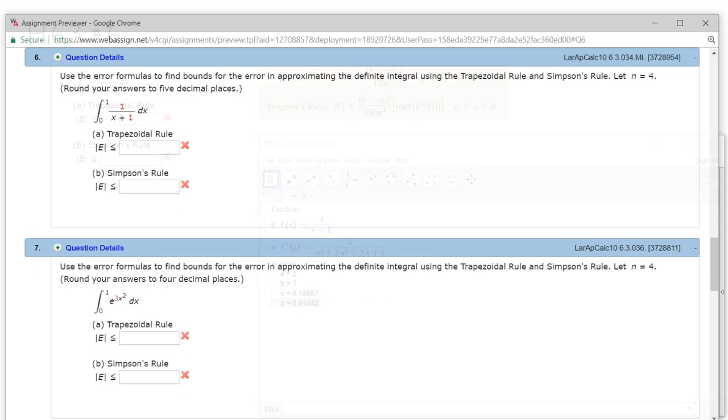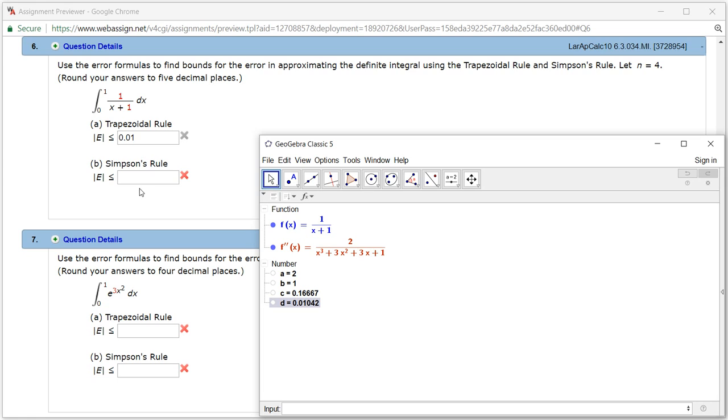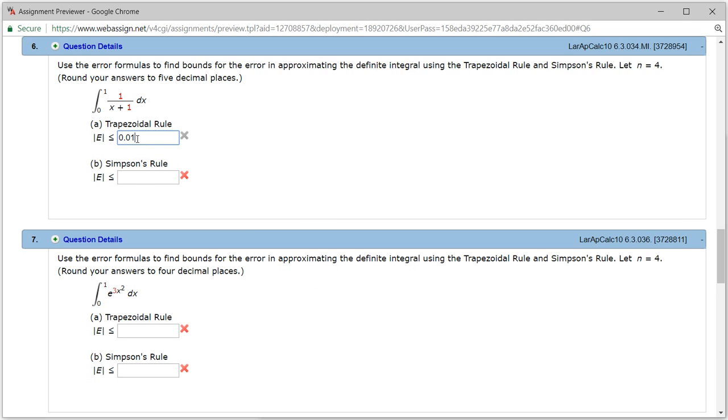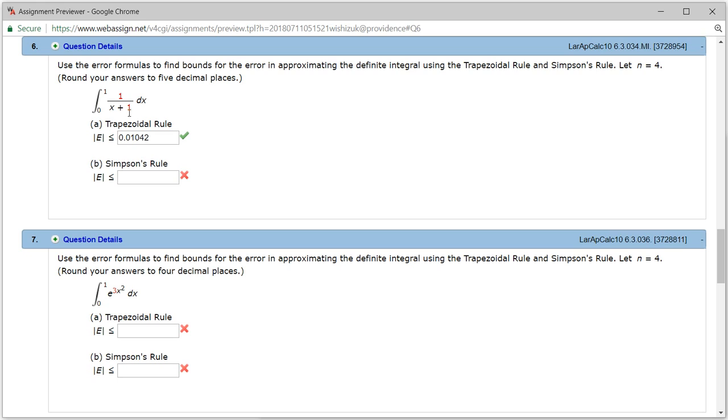Let's type it in, 0.01042. Let's go ahead and check the answer. Submit for testing. It came back and looks like we got part A correctly.